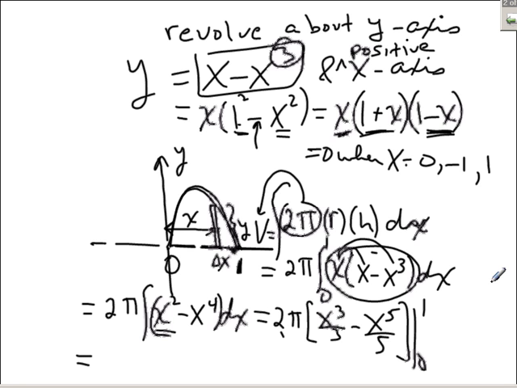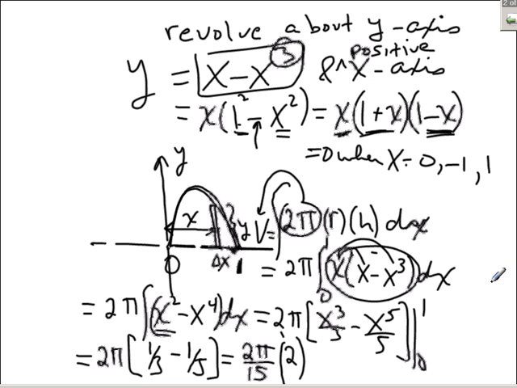When I plug in 1, I get 2 pi times a third minus a fifth, and when I plug in 0, I get 0. So 1/3 minus 1/5 is 2 over 15, times 2, so it's 4 pi over 15. Okay, let's try another one.